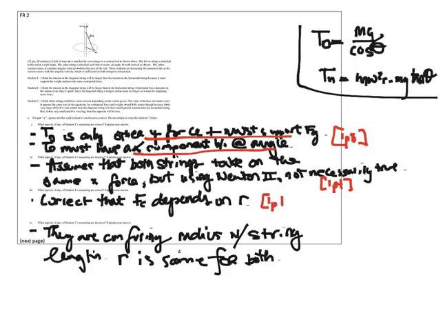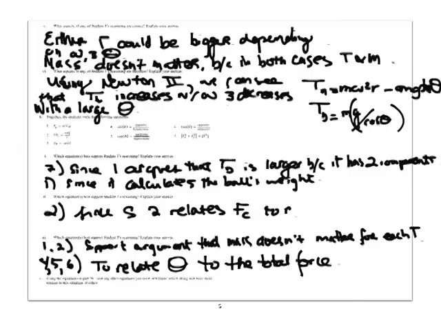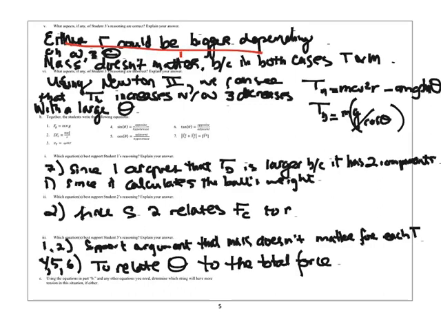Give yourself a point for pointing out that FC does depend on R. 1 point for pointing out that they're confusing radius with string length, and that R is the same for both. Give yourself 1 point for pointing out both, okay, that either tension could be bigger and that mass doesn't matter.